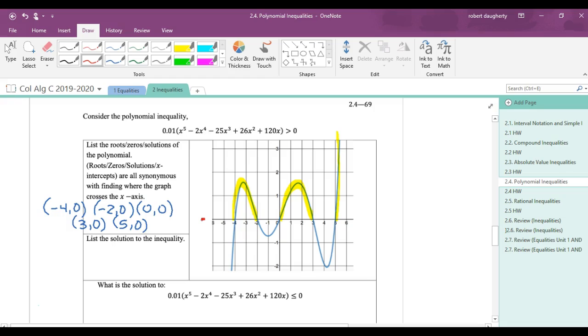So what is the interval from here to here? This first one. Negative 4 to negative 2, because it's greater than, what kind of enclosures? Parentheses. What's the next interval? 0 to 3. And then what's the next interval? 5 to infinity.